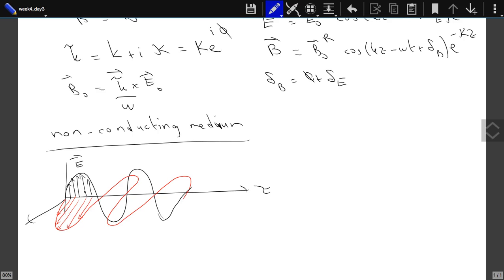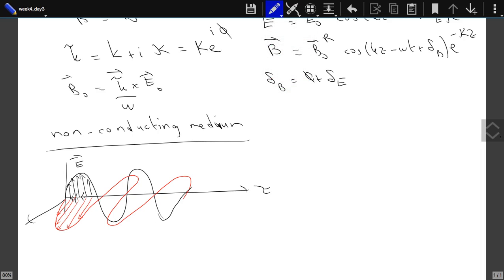They are always 90 degrees to each other. Keep in mind that when the electric field is zero, so is the magnetic field. When the E field has maximum magnitude, so does the B field. This is in a non-conducting medium.